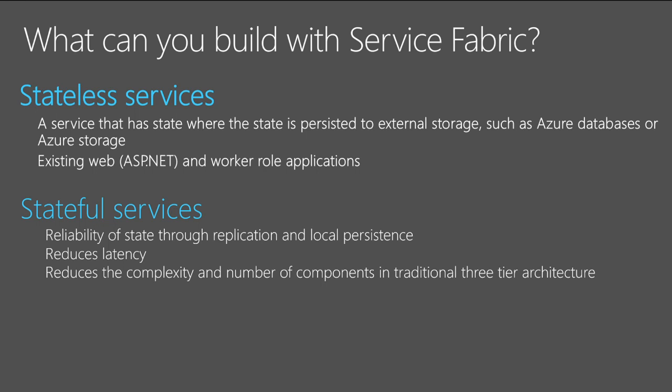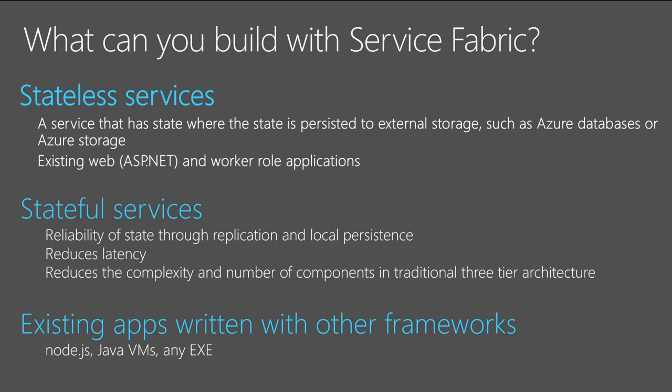So Service Fabric takes care of that application state for you through replication and local persistence. This is really the democratization of high availability. So everyone, not just databases or high-end stores, can now have HA in their applications through Service Fabric's simple programming models and with full data consistency. And we'll show you the programming models here today.